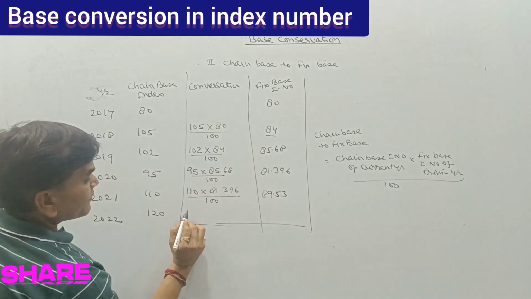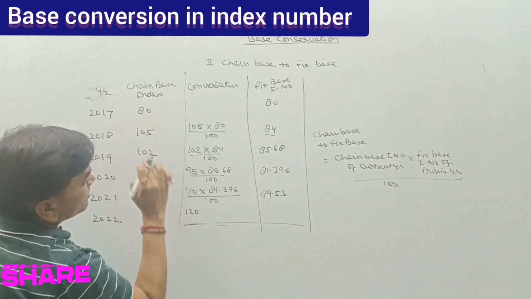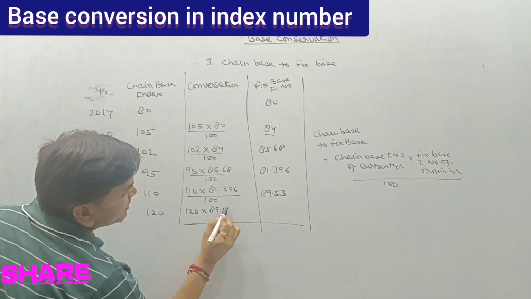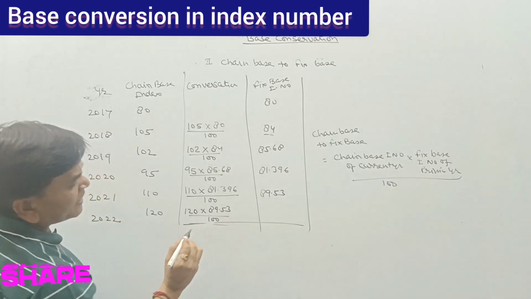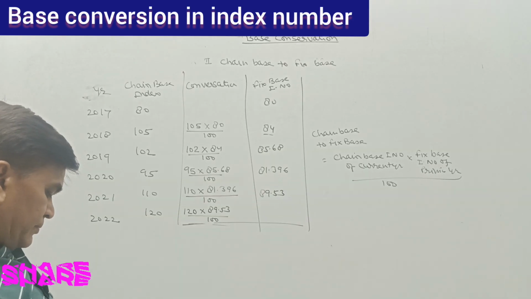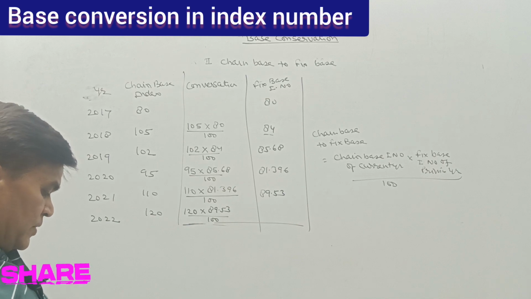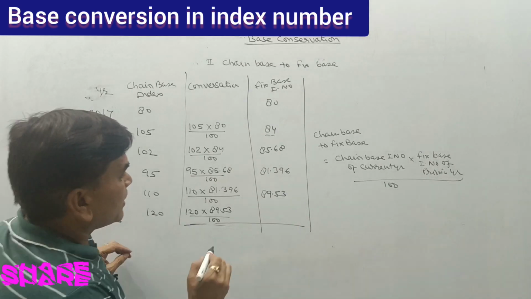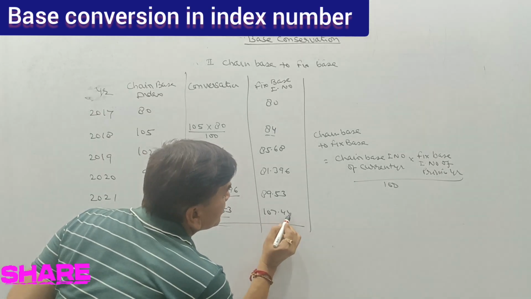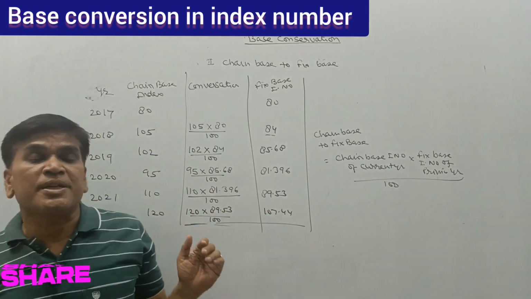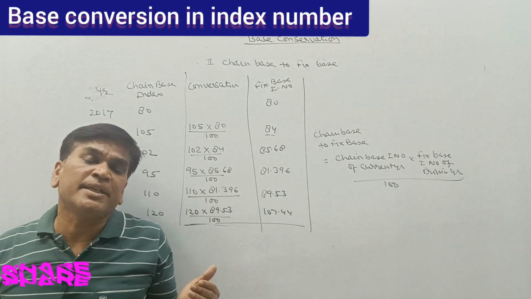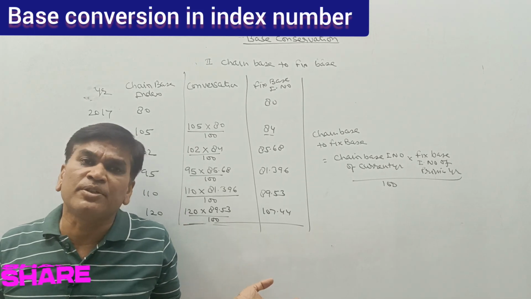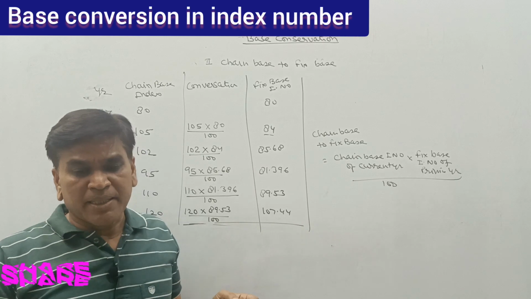And this one, 120, the chain base index number of the current year multiplied by the fixed base index number of the previous year divided by 100, will be 107.44. So if you want to change chain base index number into fixed base index number, there also is no problem. You can easily do so.